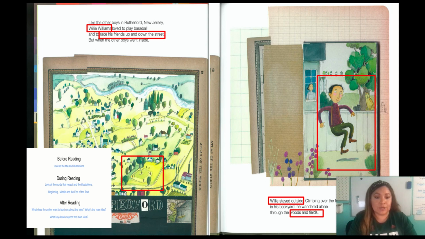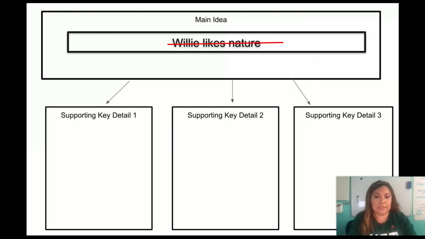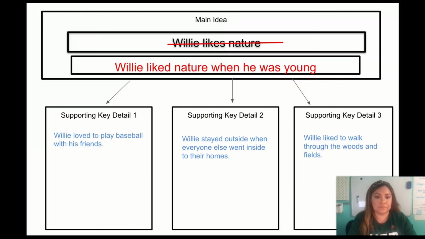So he liked to go alone through the woods and fields. That also tells me or supports my idea that Willie likes nature. So I found my third key detail. And I'm again going to put it in my own words. Willie liked to walk through the woods and fields.